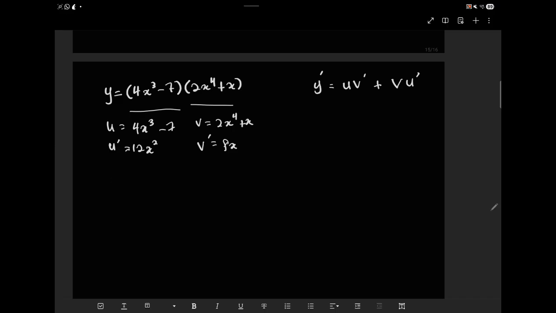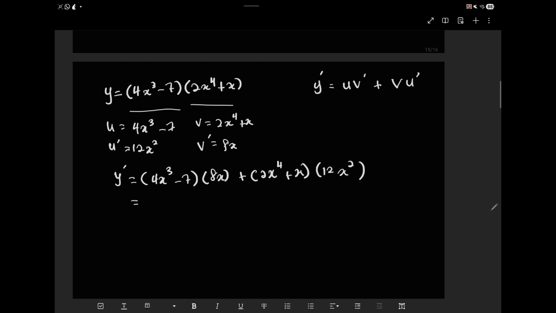So we have y prime equal to u, which is 4x root of 3 minus 7, times v prime, which is 8x, plus v, which is 2x to the power 4 plus x, times u prime, which is 12x squared. So just expand it together.